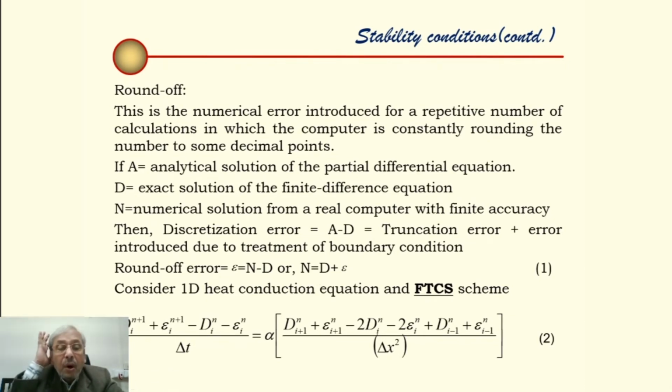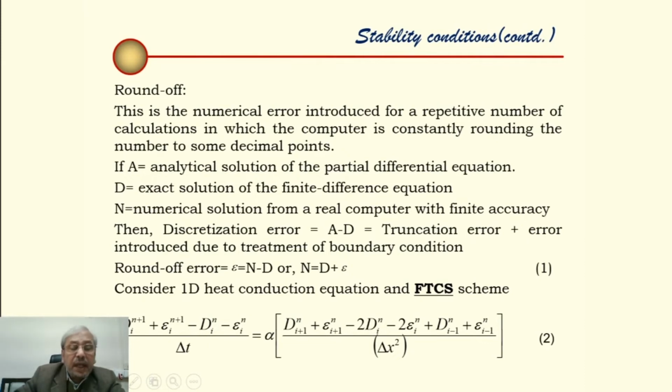So we are expected to get D, but we are getting N, because D is being modified or convoluted in a way through error, which is epsilon.